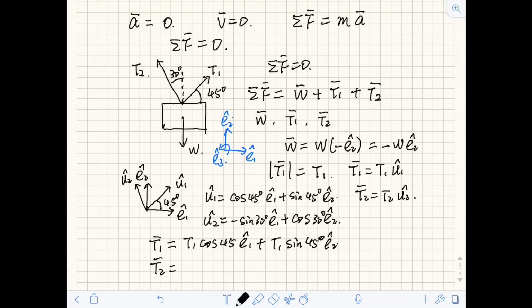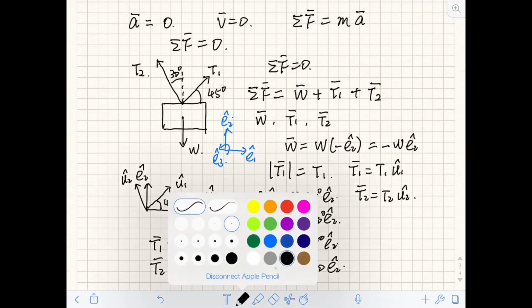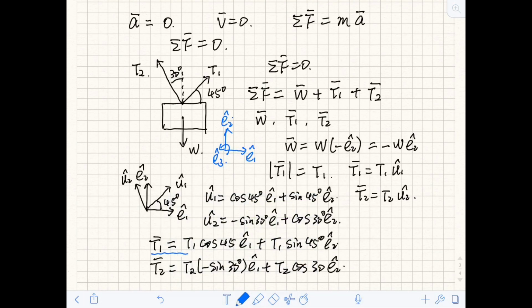And T2 bar would be T2 times negative sine 30 E1 plus T2 times cosine 30 E2. Now we have an expression for T1 bar, T2 bar, and earlier we found W bar.